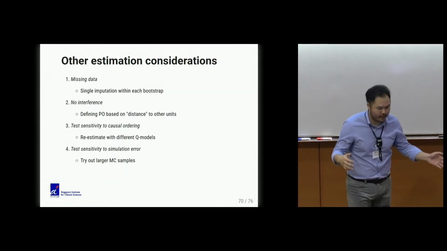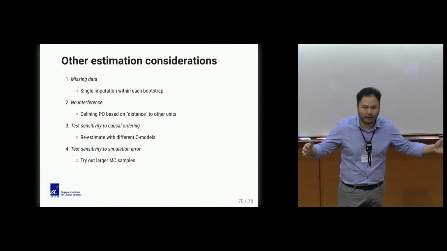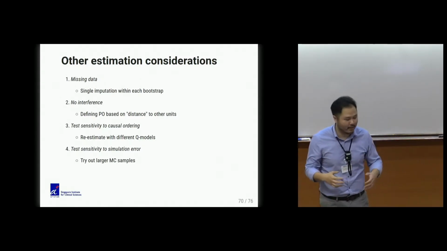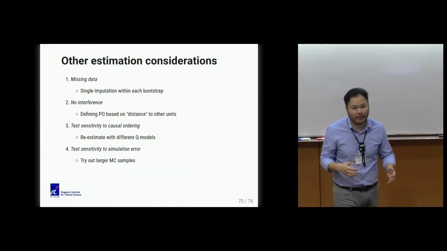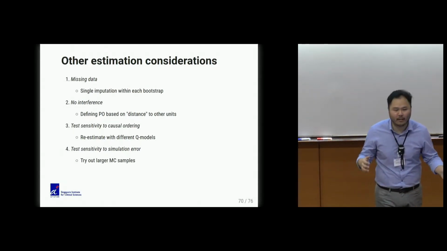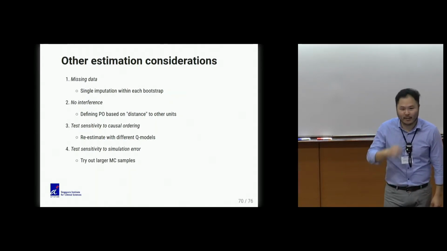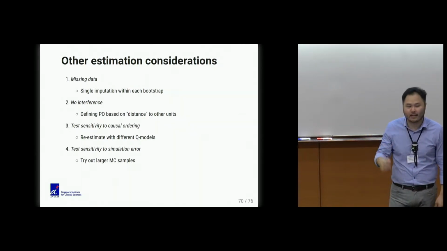Of course, also test sensitivity to simulation error: draw a larger sample. In practice, this does seem to play a role. I've done simulations with up to like 1 million, and there's still variation at 2 or 3 decimal points. It is sensitive to simulation error.